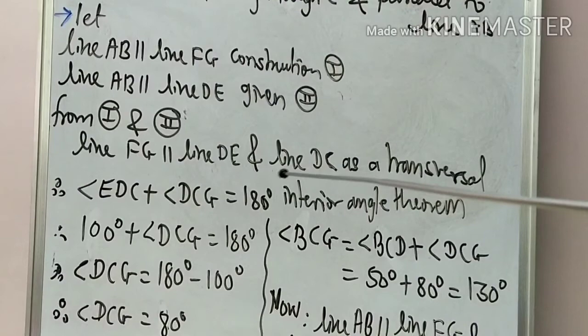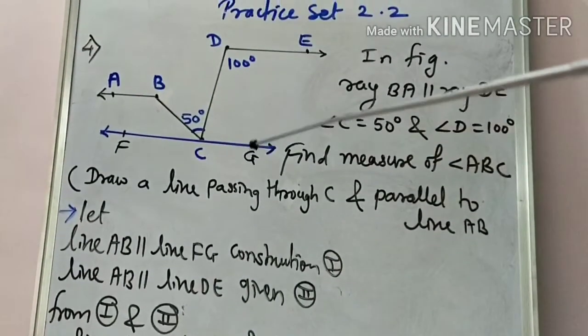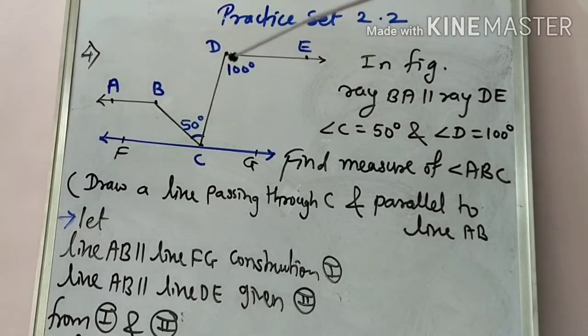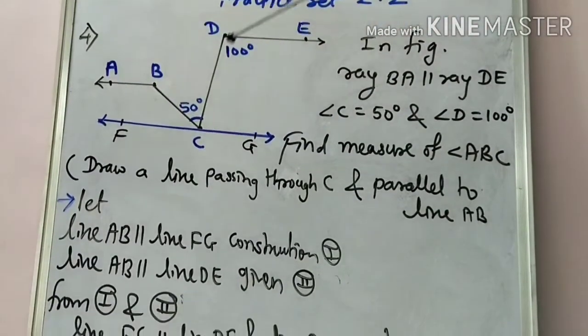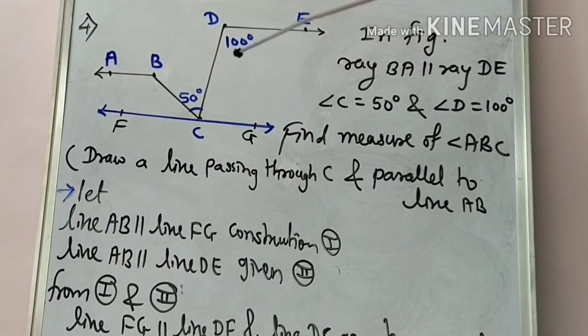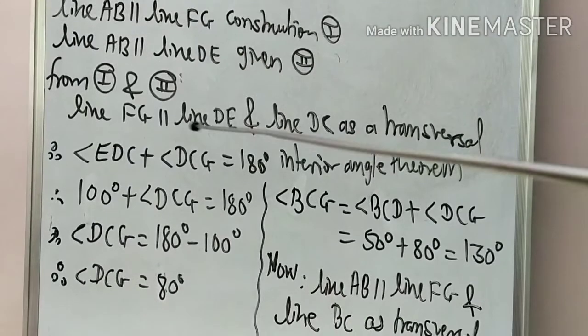DE, and as we take DC as a transversal, observing here students, DE is parallel to FG, and DC is a transversal, so this 100 degrees and angle DCG are what? Interior angles.